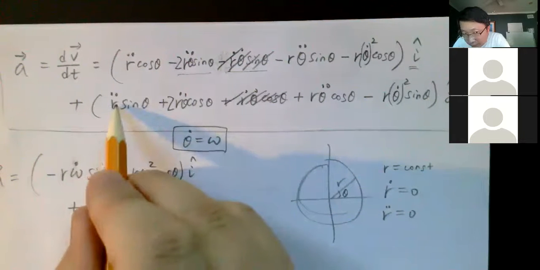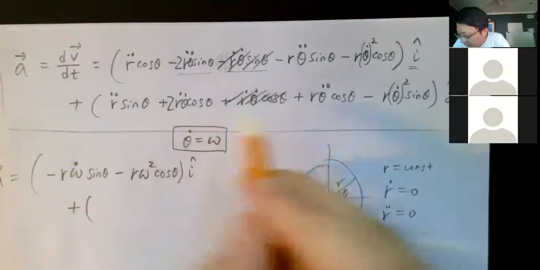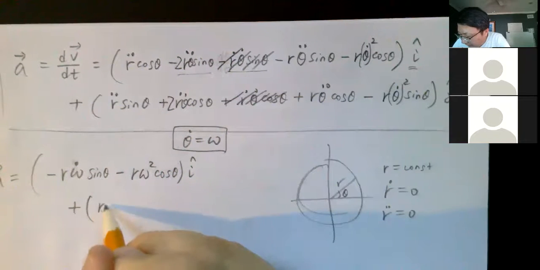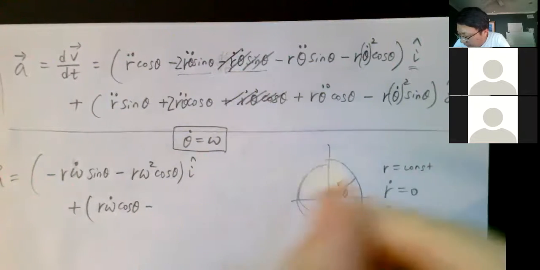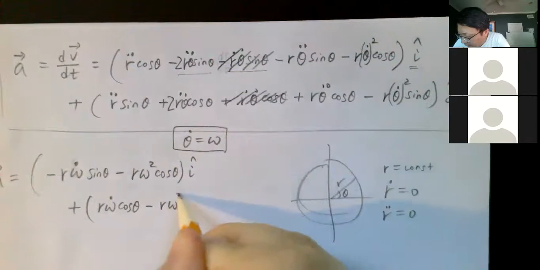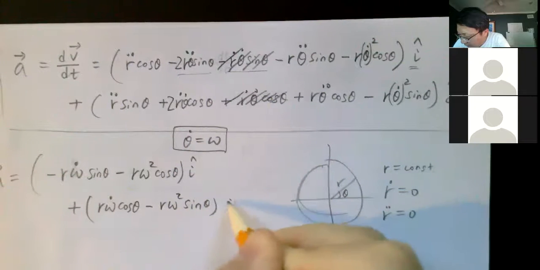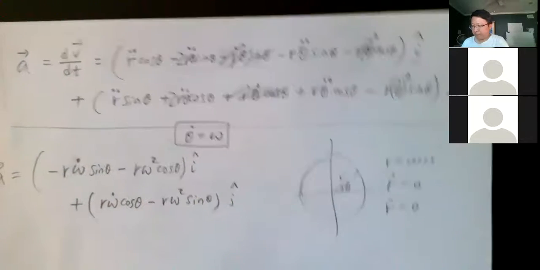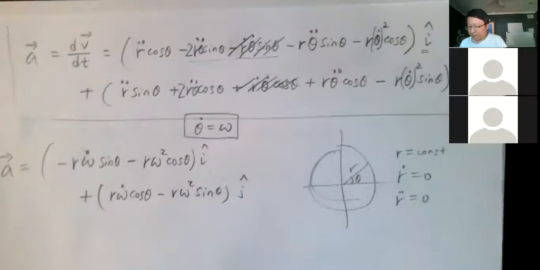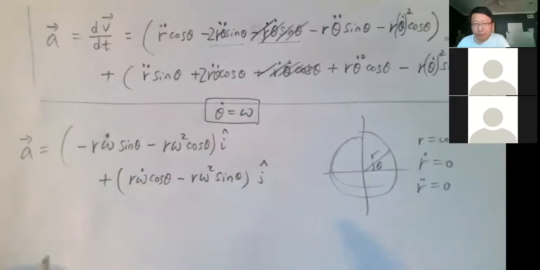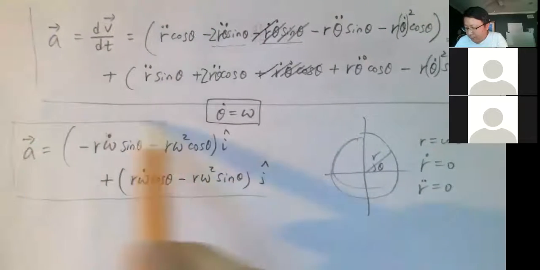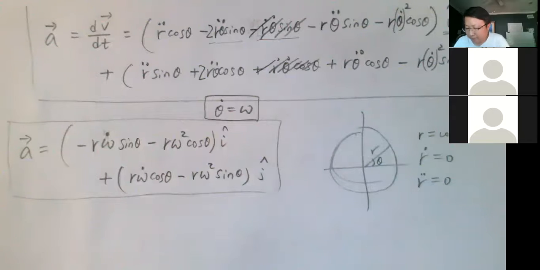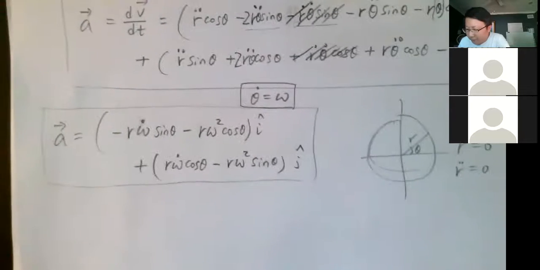The r direction is 0, 0, r times omega dot cosine theta minus r omega square sine theta j. Here is the term. Okay, so let's further simplify.